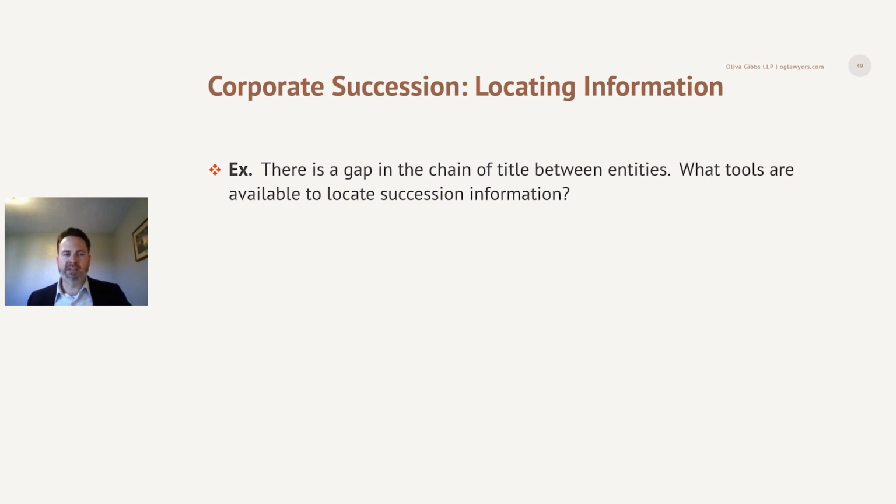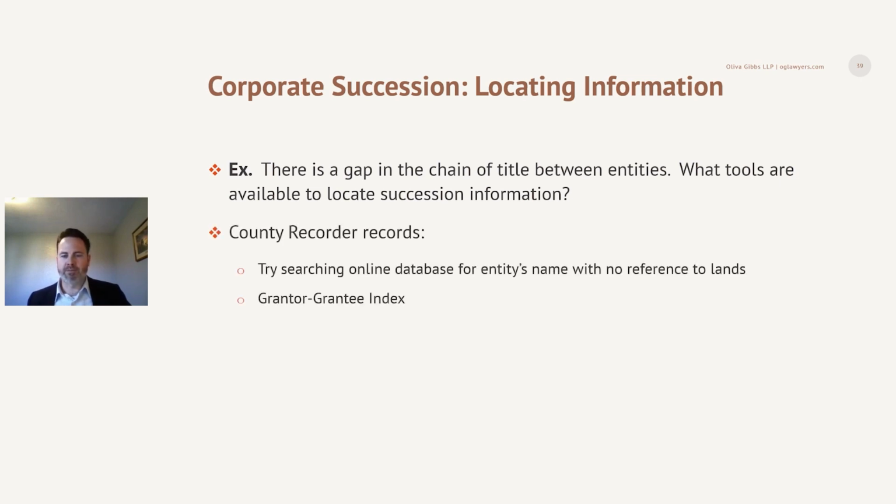So what assets do we have available to look at? The first one are the county recorder's records. So let's start there. Online databases like NDRIN, which is the North Dakota Recorders Information Network, IDOC Market for counties like Williams County and Montreal County, or McKenzie County's Virtual Vault, all contain searchable databases.